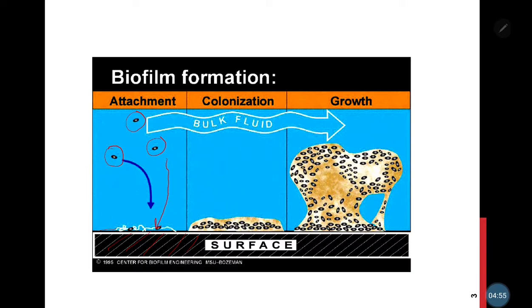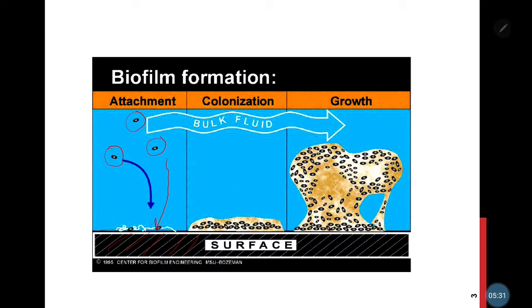Maksudnya kalau tadi tu just macam slime nipis, just a thin layer, but dalam beberapa waktu it may transform into a thick layer. The microorganisms from the surrounding that attach to the surface akan berubah menjadi satu layer yang lebih tebal, dan ia akan membentuk koloni, which is the colonization process that occurs at this phase.